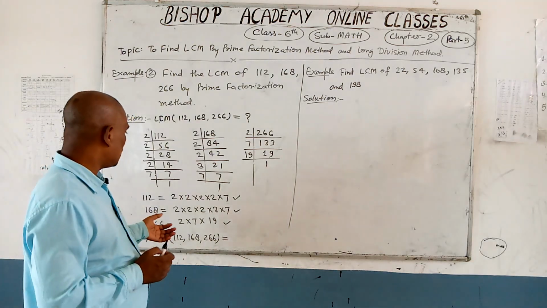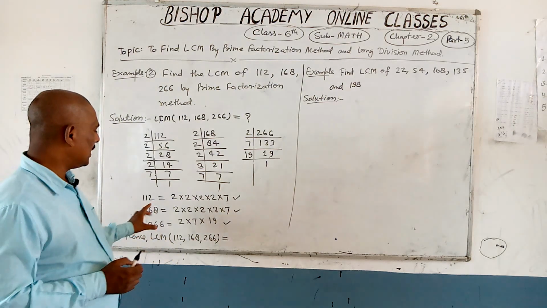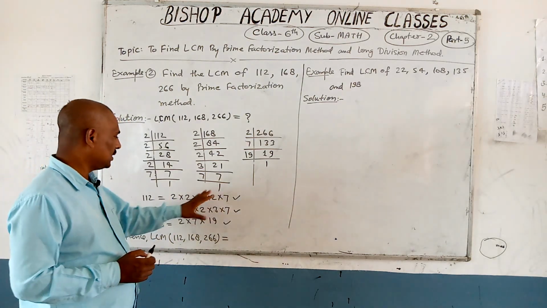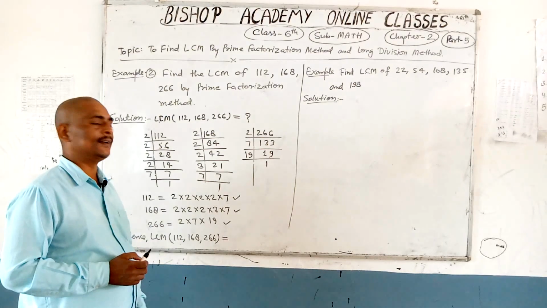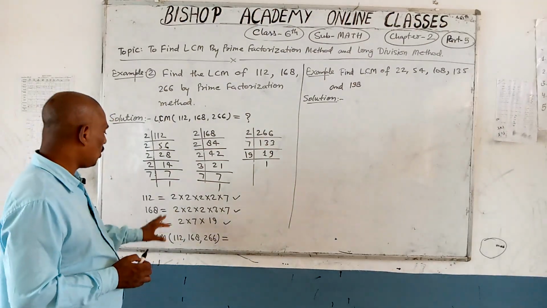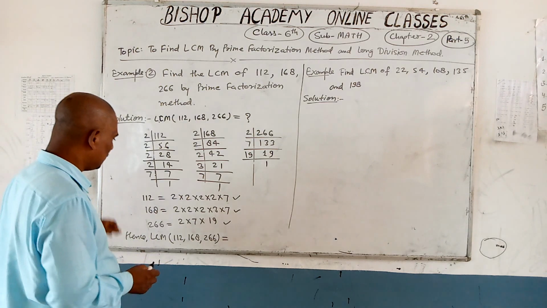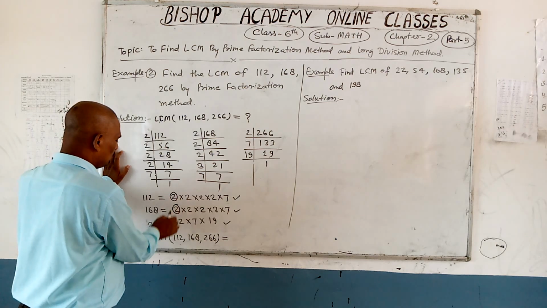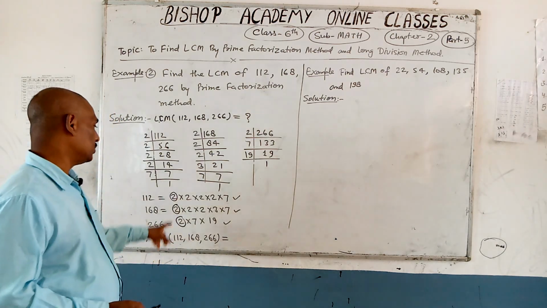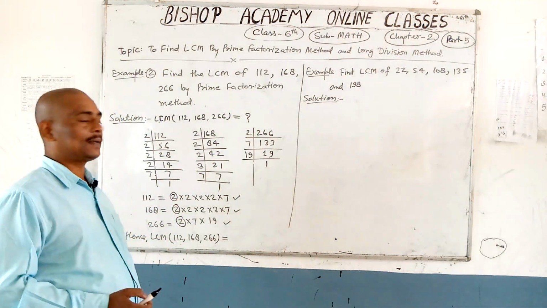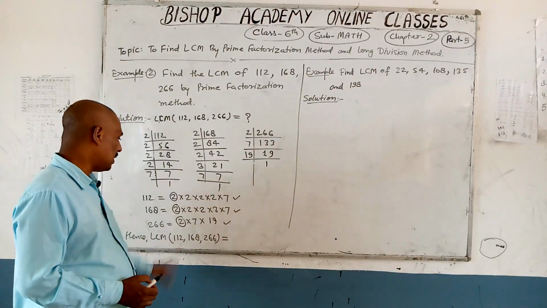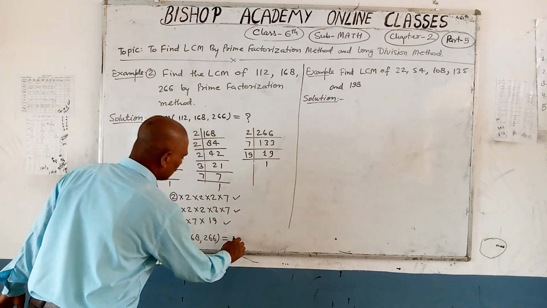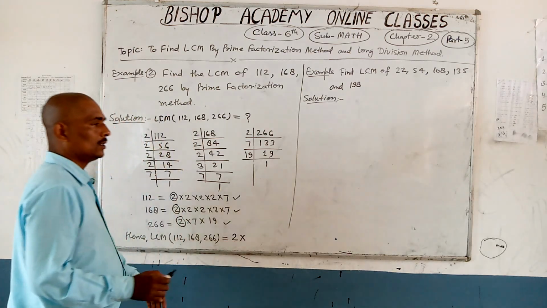Here, you have to find the common prime factor in all these three. So what are the common prime factors? Select them. You find that this 2, 2, 2 is a common prime factor in all of them. So write this one time 2.